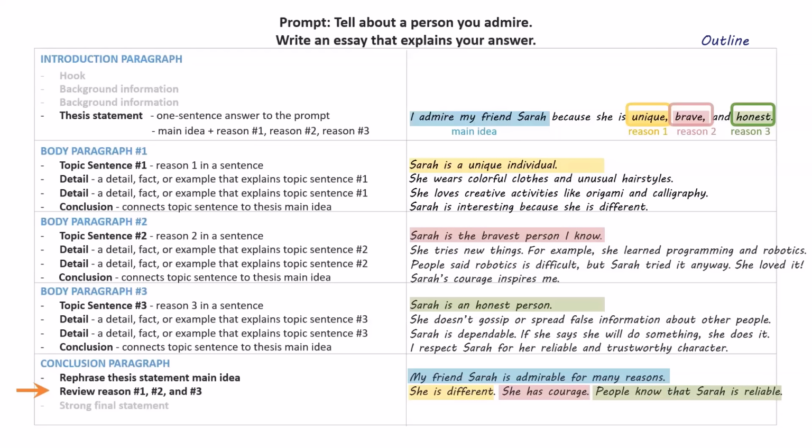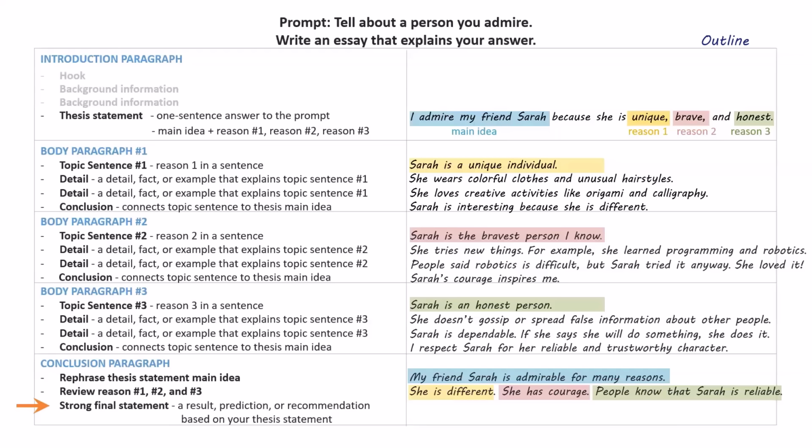And finally, for the last sentence in our conclusion paragraph, we need to include a last thought that is a strong final statement. That last thought can tell a result, prediction, or recommendation based on your thesis statement.